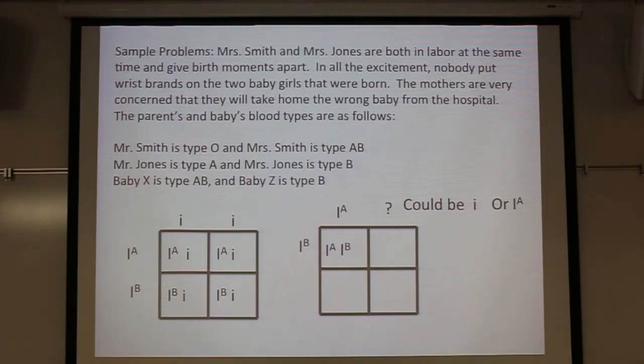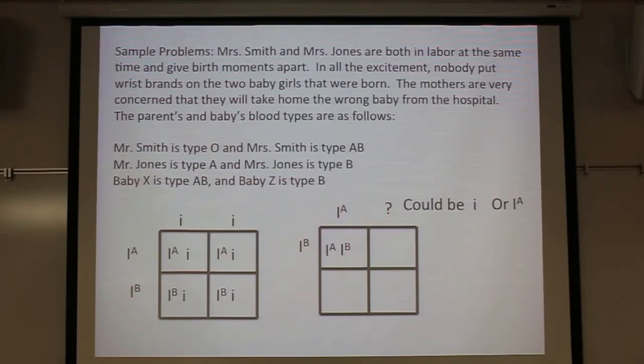So baby X with blood type AB, there's no way that Mr. Smith with his blood type O and Mrs. Smith with the AB could have that baby. Now, can these people have that baby? Well, we've already determined that's true, so that could work out.